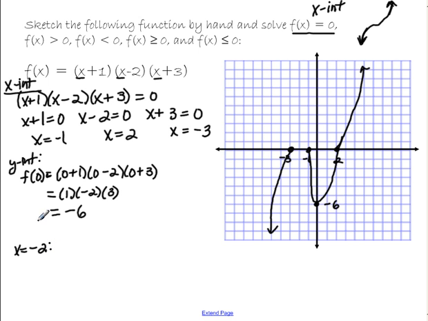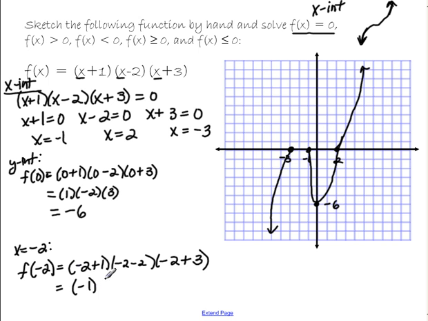So if I find f of negative 2, I would have negative 2 plus 1 times negative 2 minus 2 times negative 2 plus 3. So that would give me a negative 1 times negative 4, right, times 1. We multiply those together, we would get a positive 4. So we know at negative 2 it's going to be 4. 1, 2, 3, 4.